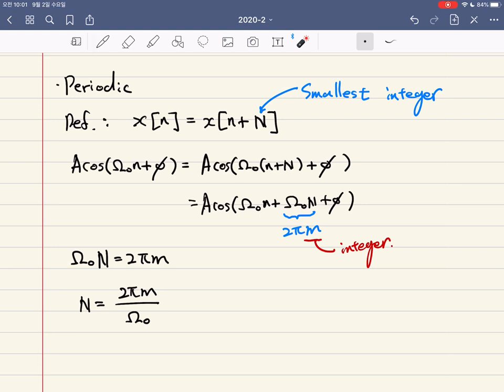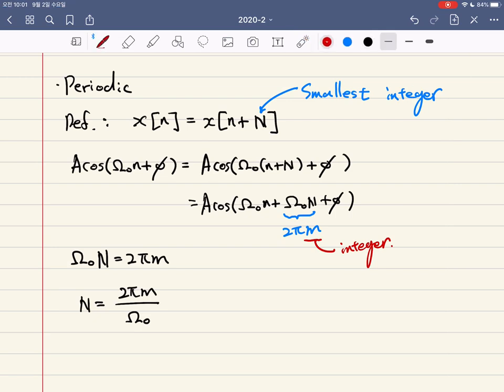If you think about this equation, m has to be an integer, and also large N has to be an integer.